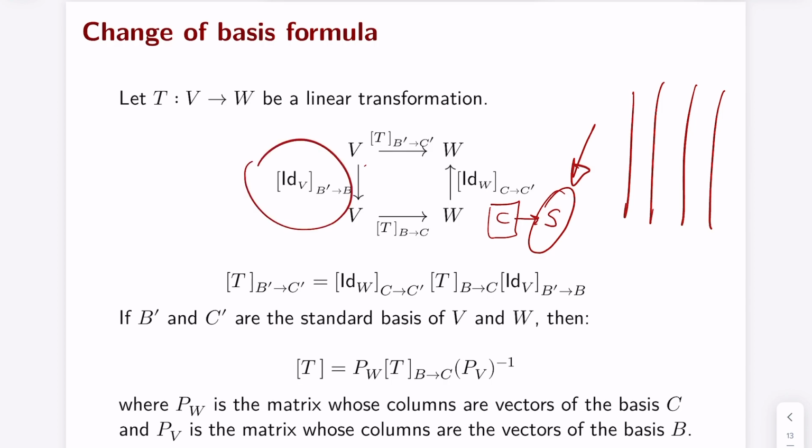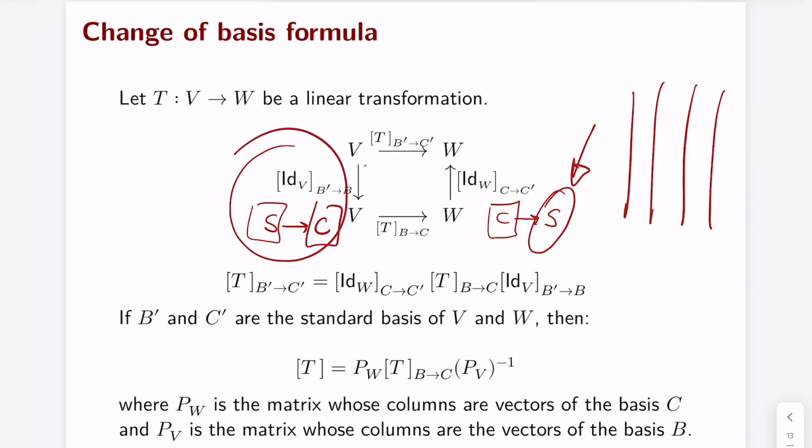So this one, for instance, will be more complicated because this will be standard to C. Well, that's not that good because we take the standard bases, but we have to write it in another base. So that will be more complicated. But as we have learned before, this one, even if it's more complicated, can be expressed in terms of the inverse one by just using inverse matrices.